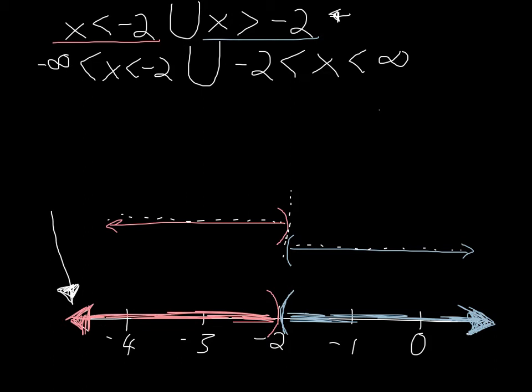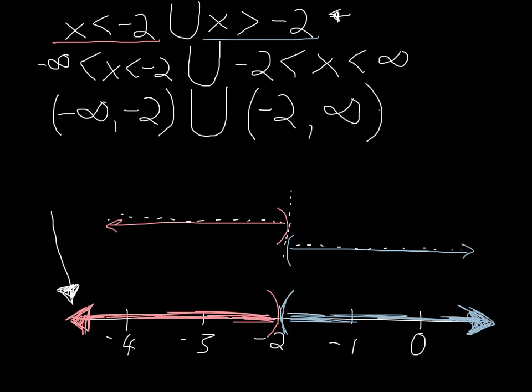We got to write this in interval notation as never going to get to negative infinity, but we go all the way up to -2, but don't touch it, so we have a round paren, and it's that arrow unioned with -2, but we never touch there from the right-hand side, all the way up to infinity.